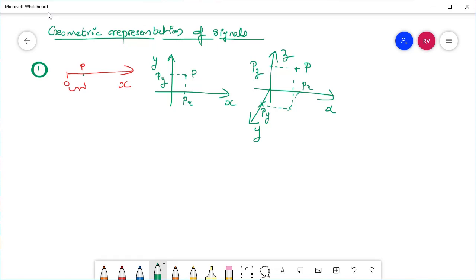And this is generally called the Cartesian space, where I have a point in space and I am representing that in a three-dimensional space. So I have three axes or three basis vectors.